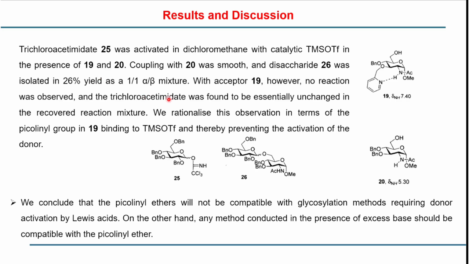But in the case of the 19 acceptor, there was no reaction observed with the TCA donor. What they rationalized is that in the presence of this picolyl group, the TMSOTf binds to the pyridine nitrogen, so there is no more TMSOTf available for the reaction.